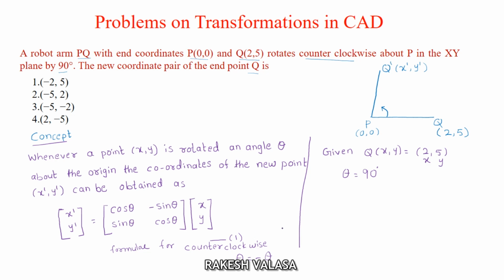That means the formula will be changed to cos theta, sine theta, minus sine theta, cos theta. Okay, that's the formula when the angle is in clockwise direction. But in our problem, the angle is in counterclockwise direction. So directly you can take this formula.